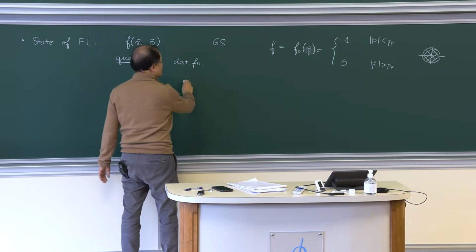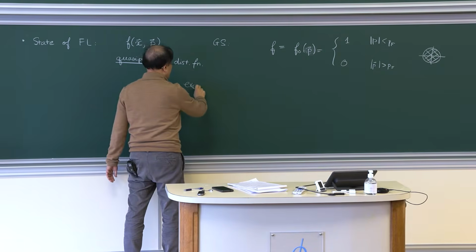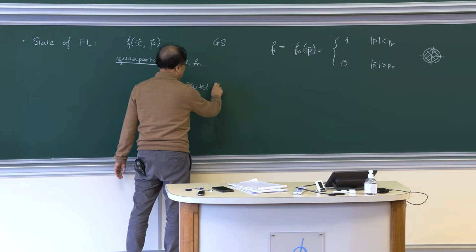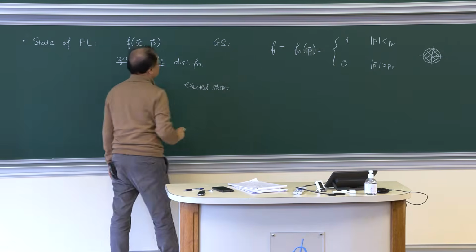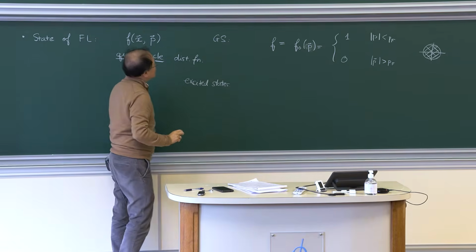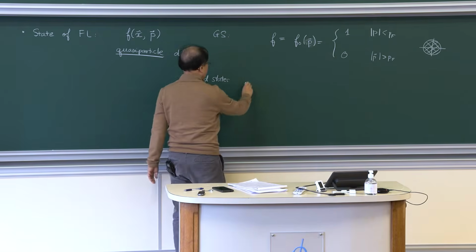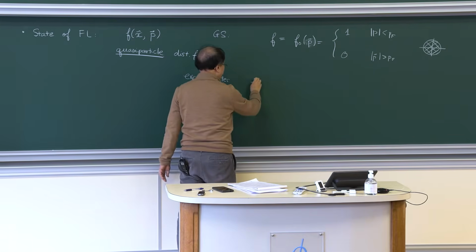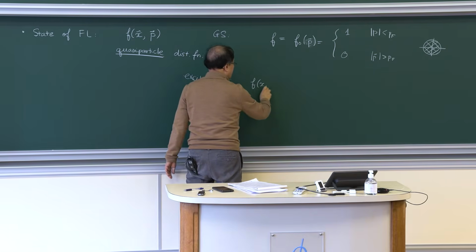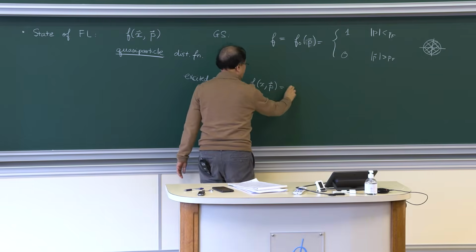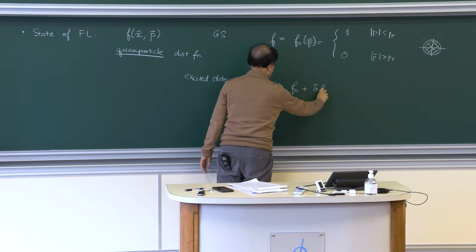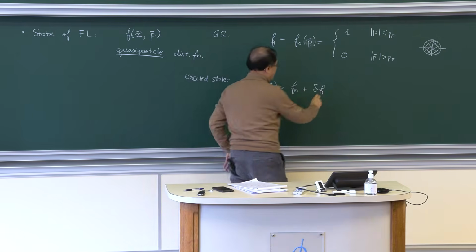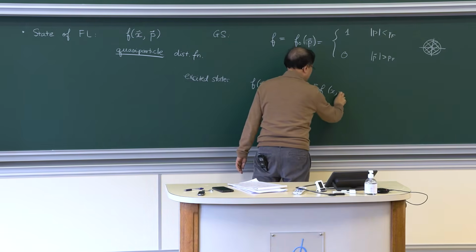And the excited state can be thought of as described by a distribution function that is slightly different from the ground state distribution function.